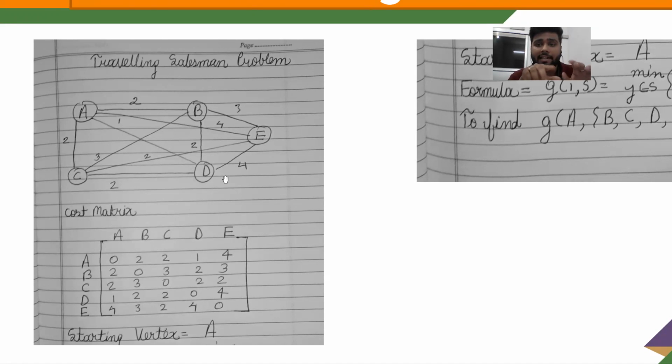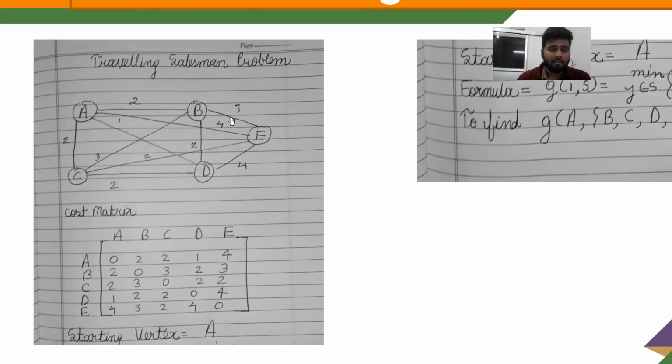Because G of B comma D means that we are starting from vertex B and moving through the set D, and we are returning back to the initial vertex, that is A. Then another one is G of B comma C, because from B we can go to C, and directly from C we can go to A. Our other combination is G of B comma E, because from B we can go to E, and from E we can go to A.